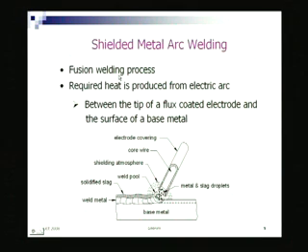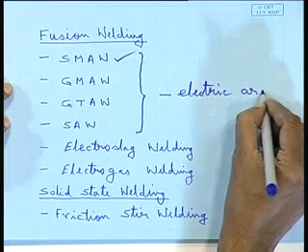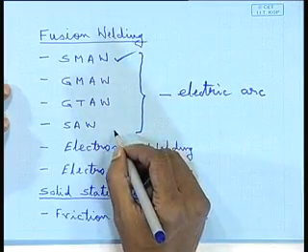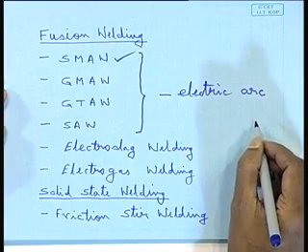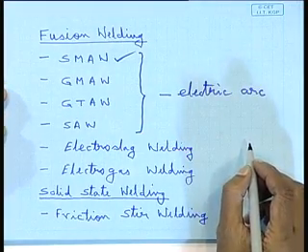So essentially this is a fusion welding process, right. The required heat is produced from an electric arc. Of all these fusion welding processes which I have just now mentioned, in the first 4 the heat is generated from an electric arc. So they are some form of electric arc welding, right.